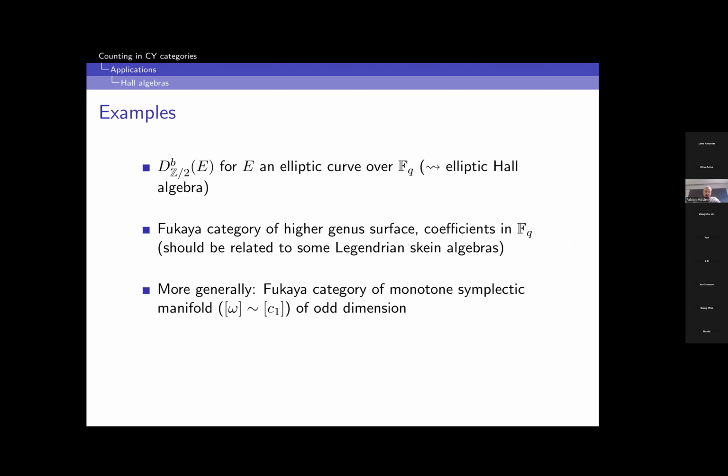More generally, the Fukaya category in general is defined over the Novikov field, but we need it to be defined over a finite field. But if your symplectic manifold is what's called monotone, so that the class of the symplectic form is proportional to the first Chern class, and it's odd-dimensional, then the Fukaya category is defined over the integers.